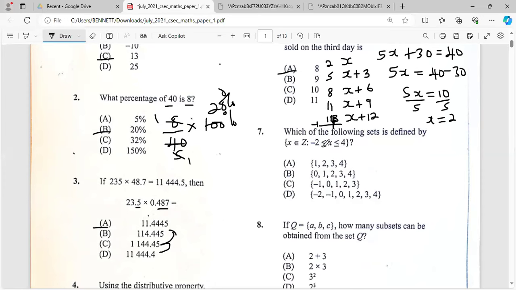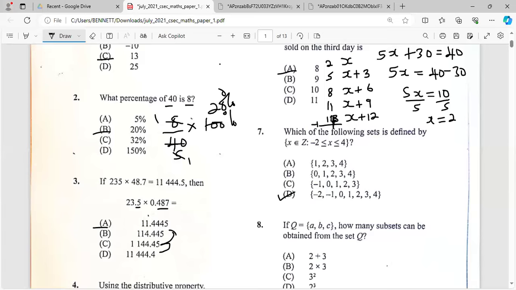Include the -2 and everything below it, so that would be D. Let me see how many persons got this one. Number 7 should be D. Yeah, good job, guys. Good job.